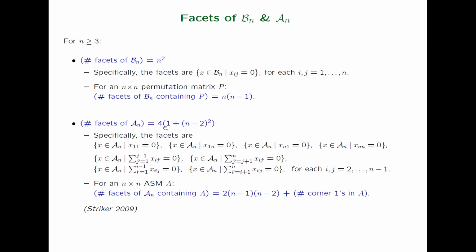So instead of what you might initially think of as 4n squared, you actually get 1 plus (n minus 2) squared. Specifically, these are the facets here. And if you do a similar process to what you did here, you'll find that the number of facets containing an ASM is equal to this expression here.